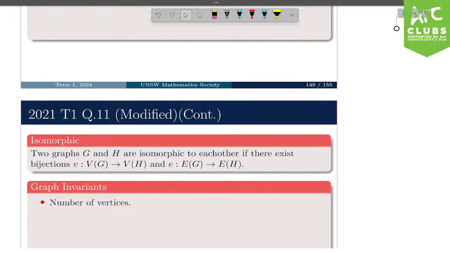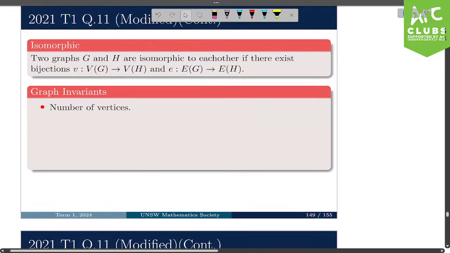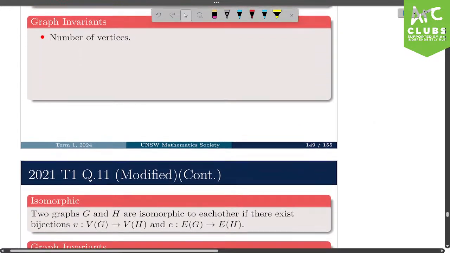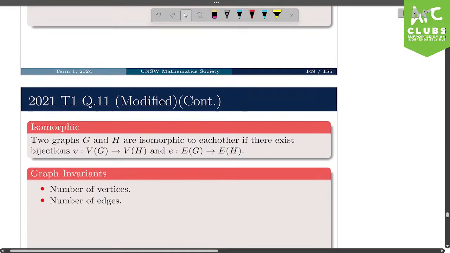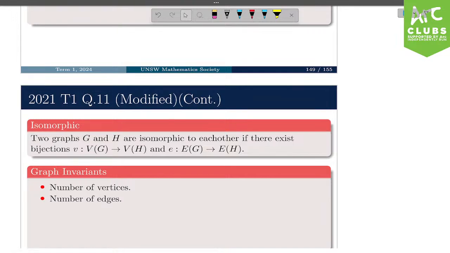But it's also weird because if all of these things are true, then we still might not be sure if they're isomorphic. They might still be isomorphic. So this is to say these graph invariants help us construct an isomorphic mapping between two graphs.